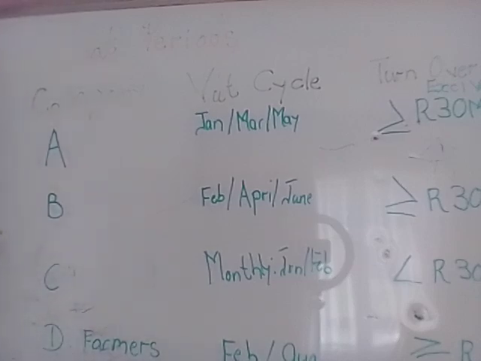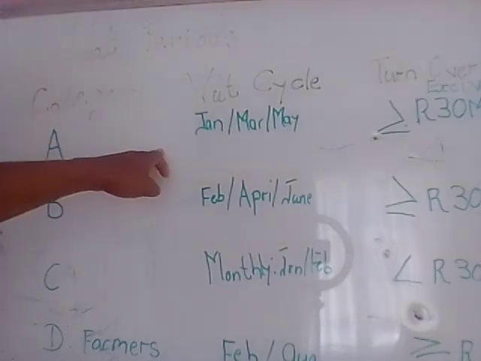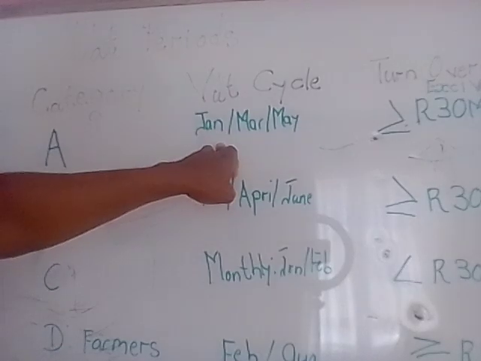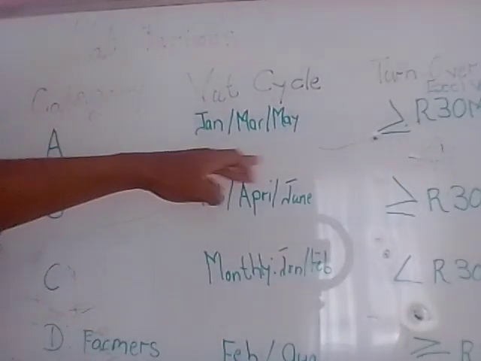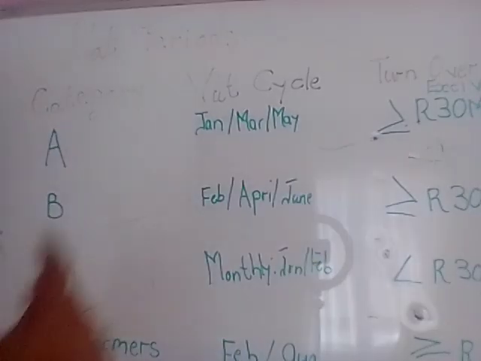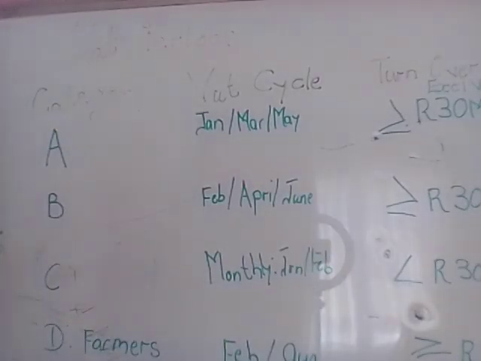So if somebody is a category A VAT vendor and transacted in the month of January, that would mean that transaction will fall in the January VAT return. So he transacted in January, so that transaction took place within the January VAT return, right?